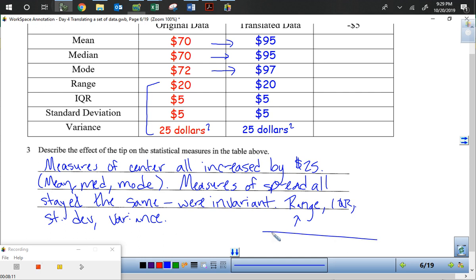When I look at a number line, and my range here was from 60 to 80 for the original set, and I take both of these numbers and shift them up 25, the distance between them doesn't change. So that's the idea here. With those measures of spread, we're talking distance, and since we're adding that same number every single time, the shift is constant on both, which means our distance doesn't change.